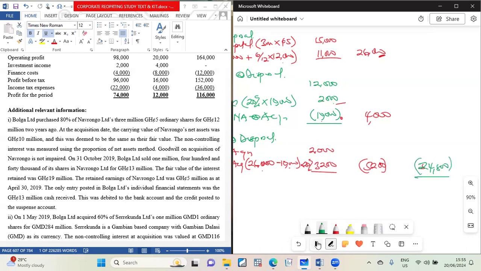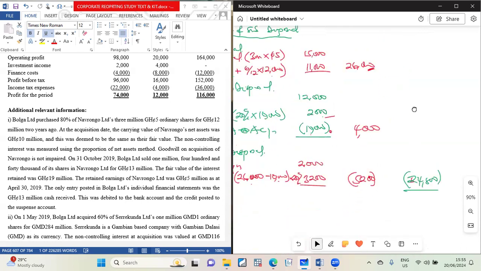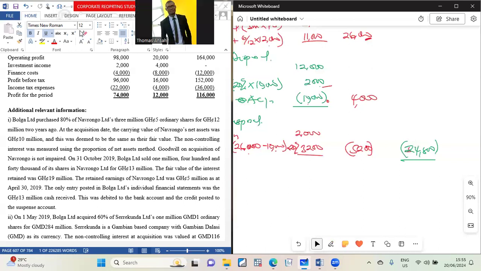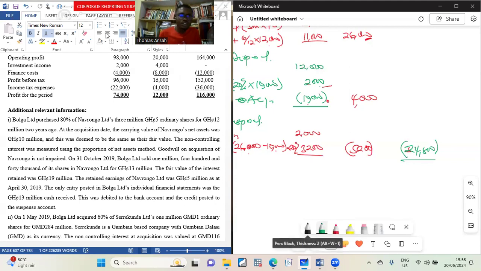So to get our gain or loss, what do we have up there? 32,000. So minus 32,000, right? And I'm having 7,200. So that 7,200 is actually the gain on disposal. And what did we say we do to this? We present it as an exceptional item in our P&L.